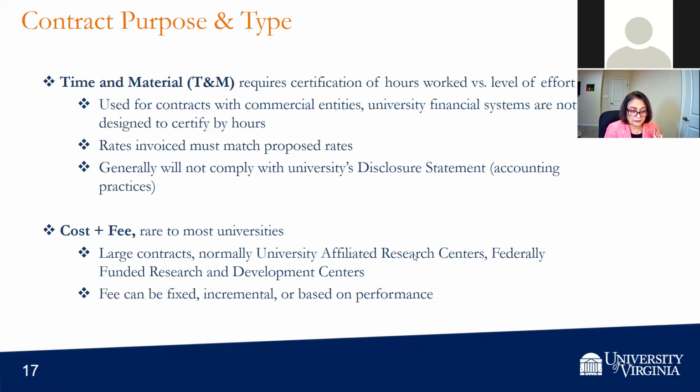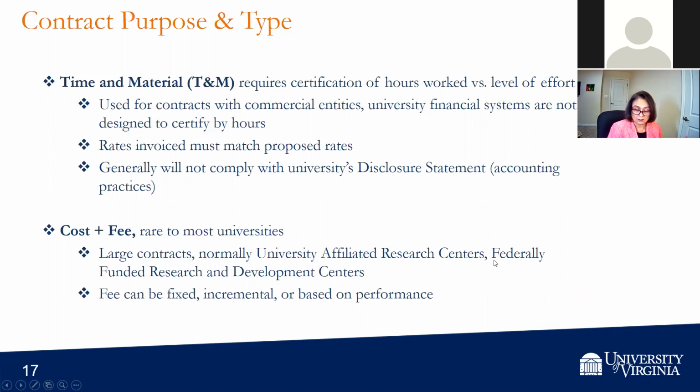Cost plus fixed fee is rare at most universities, but I worked for the University of Southern California, where we had a contract based on cost plus fixed fee. We were getting a 5% fee from the federal government, and it was a UARC, University Affiliated Research Center.